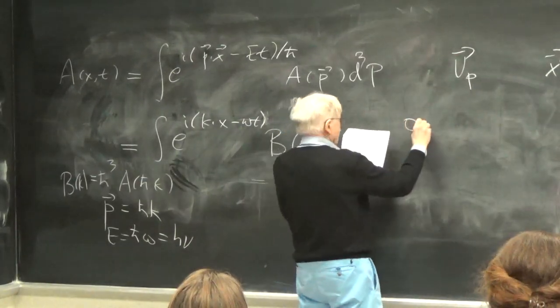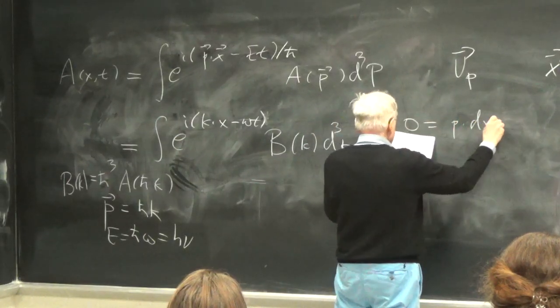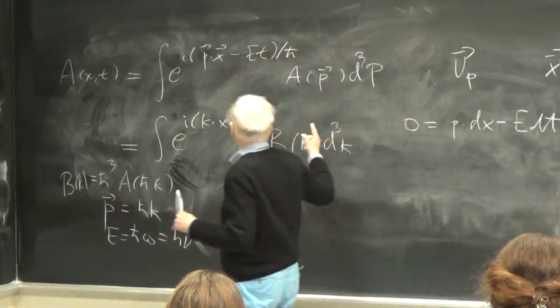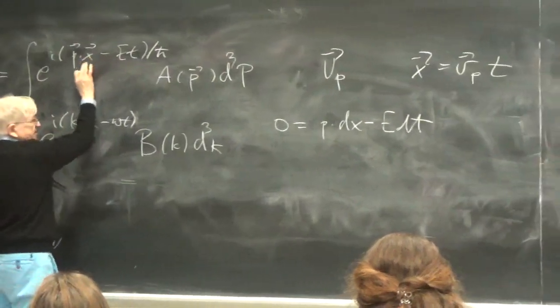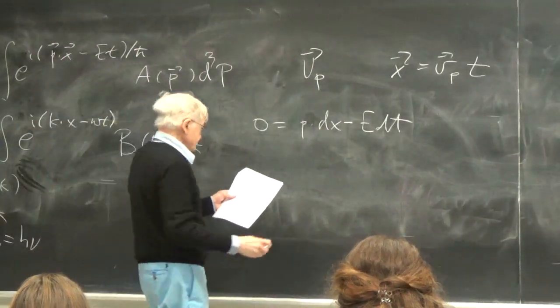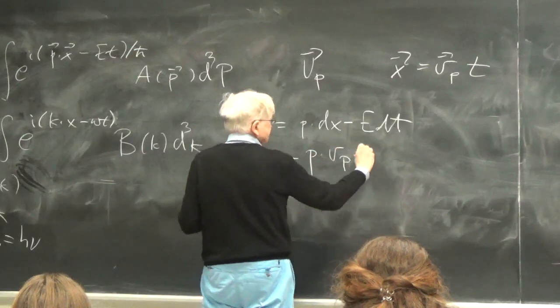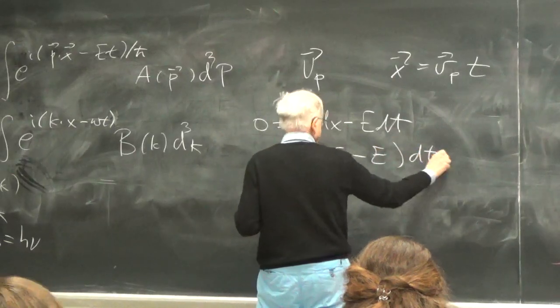So in other words, we're going to write 0 is equal to p dot dx minus e dt. So as time goes by, t changes by dt, x changes by dx, and this is p dot v phase minus e, all that times dt.